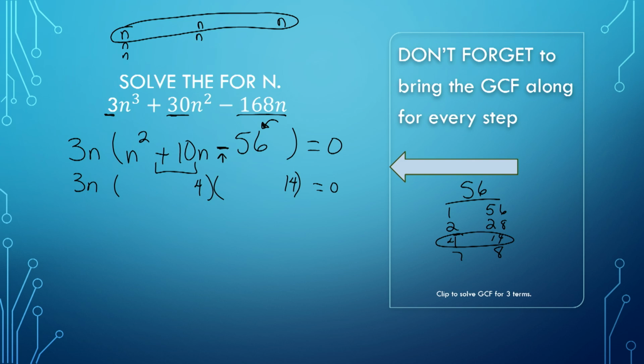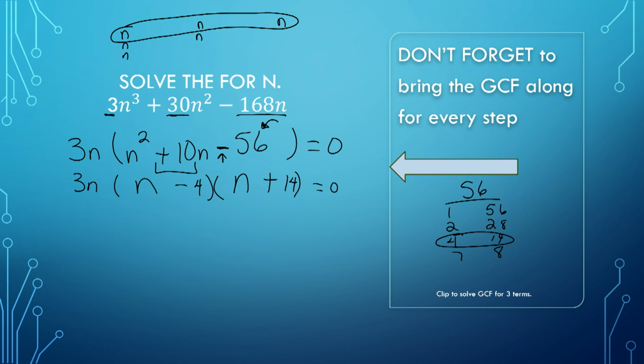But now, here's where I've got to think. I am subtracting something to get a positive 10. So how could I manipulate the 14 and the 4 to subtract to get a positive 10? Exactly right. Positive 14 minus 4. And then I have to know what my factors of n squared are, which are n and n.